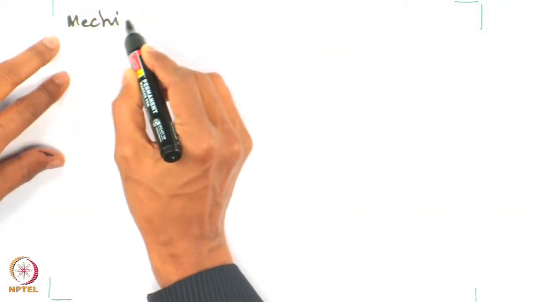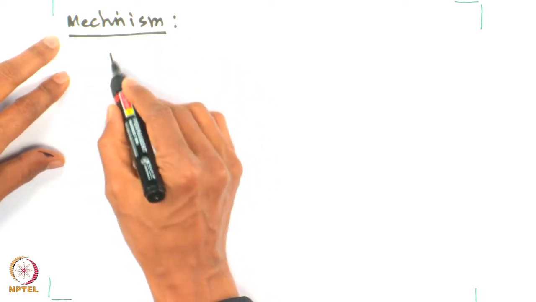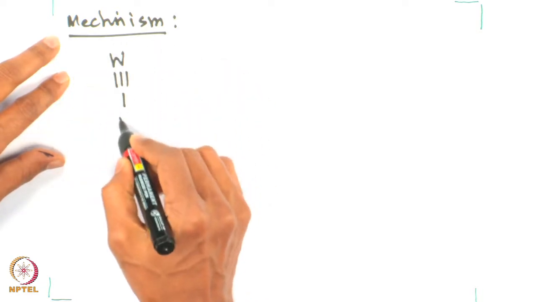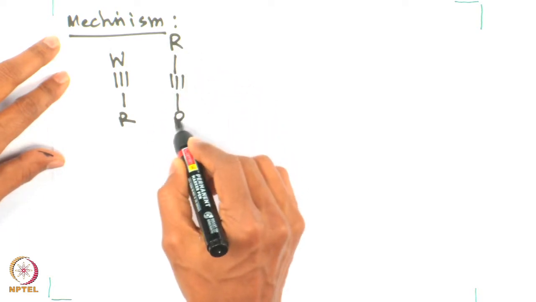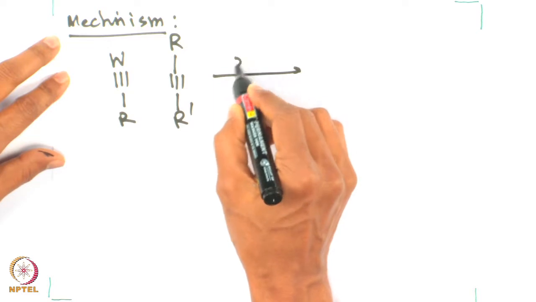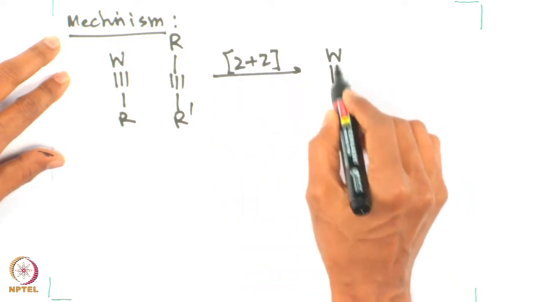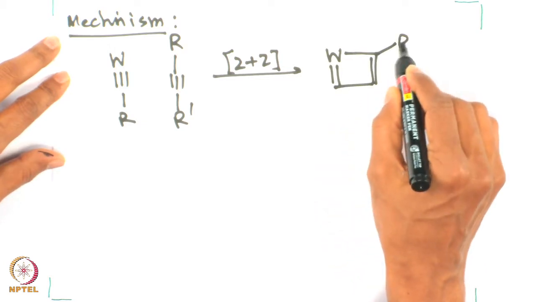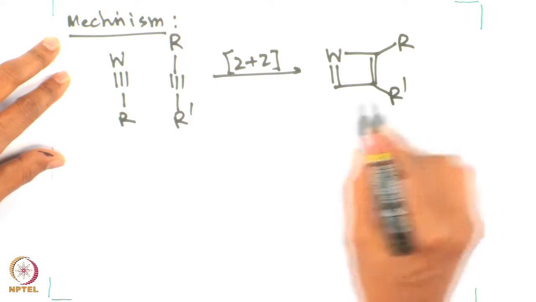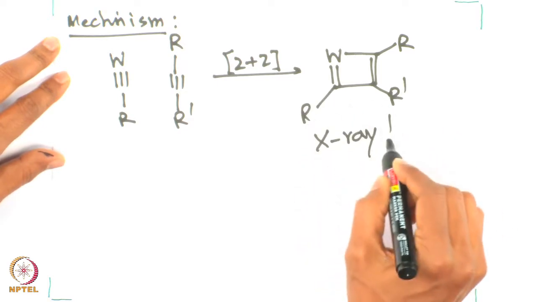So, the mechanism for these alkyne metathesis species. We are taking the tungsten alkylidyne reacting with another alkyne. Overall it is a 2+2 reaction to give you a tungsten intermediate. The most interesting part of this is that it is now characterized by X-ray.